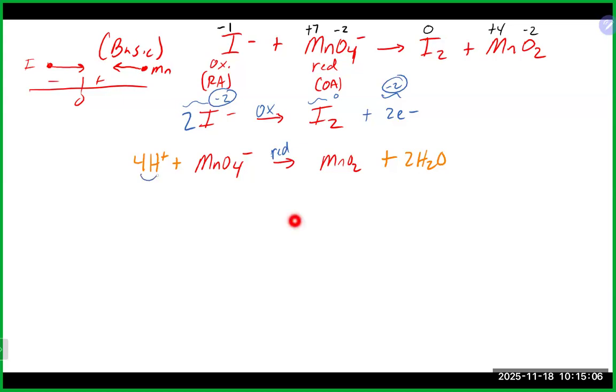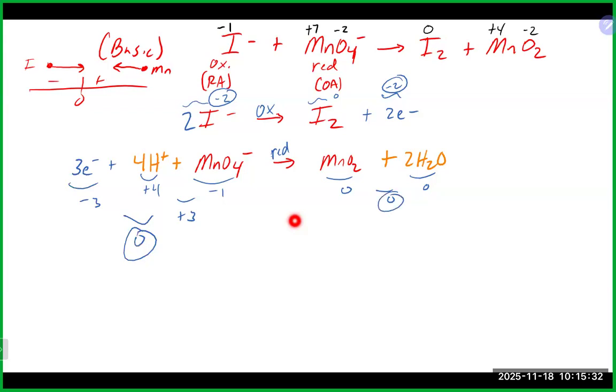Coming down here, that is +4, that is -1, that's a grand total of +3. That is 0, that is 0. So that seems like an overall of 0 on that side. And that means that we would need 3 electrons over here, which would give me -3, and eventually an overall of 0 on each side.